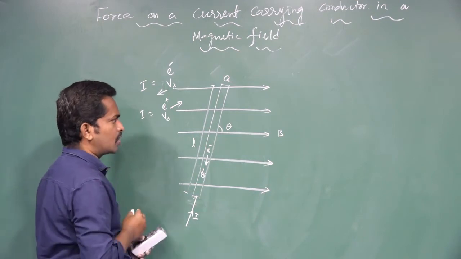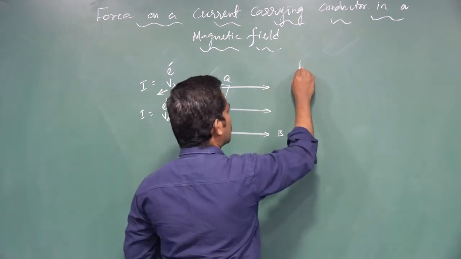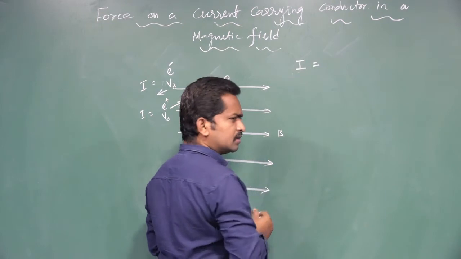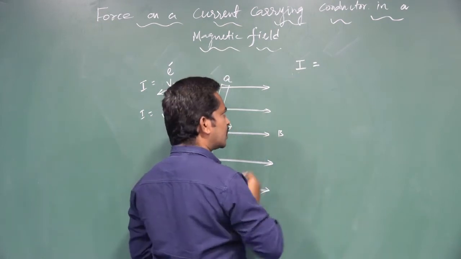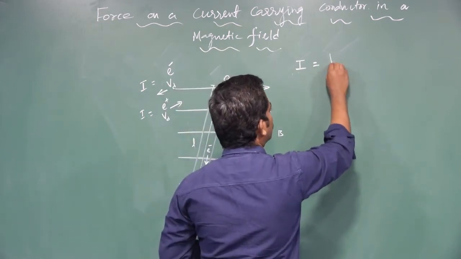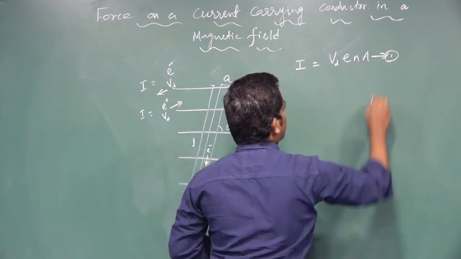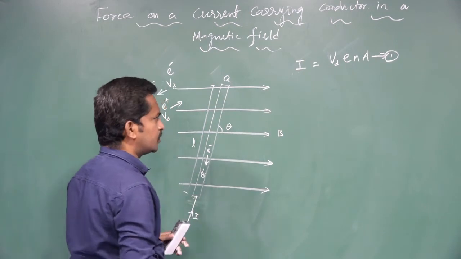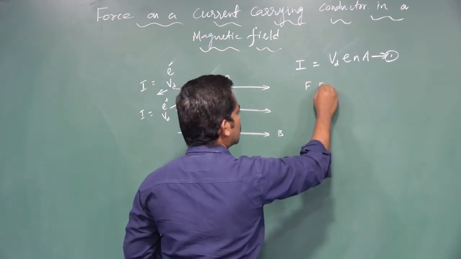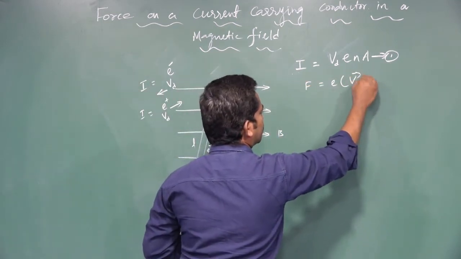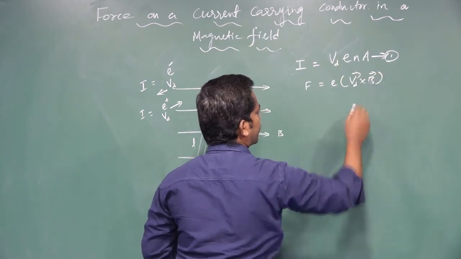So it's very important. What is the relation between drift velocity and electric current? You know well from the second lesson, I is equal to V d e n A. The Lorentz force F is equal to e into Vd vector cross B vector.